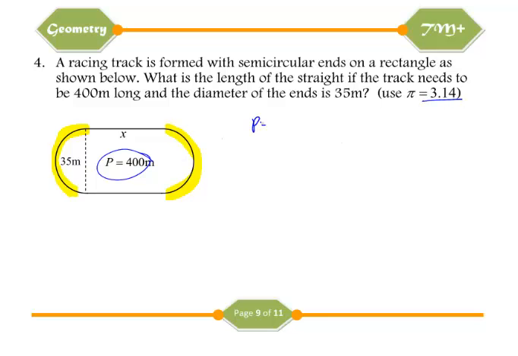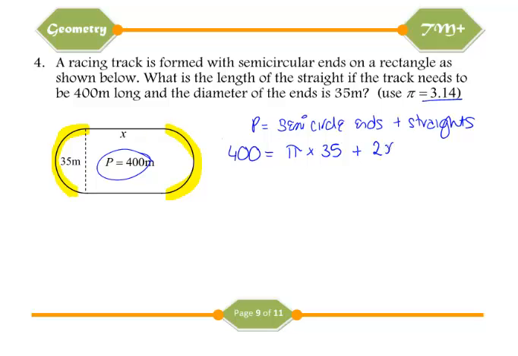So my perimeter in this case is going to be my semicircular ends plus the straights. Okay, so that 400, now the semicircular ends put together is just going to be pi times d, so pi times 35 plus 2 lots of my straights, which is 2x. So 400 minus 35 pi equals 2x.